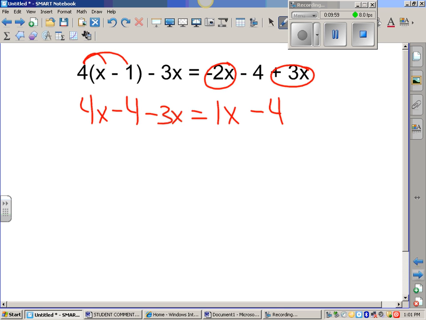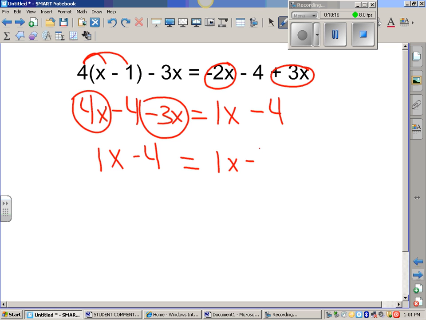And then you're going to combine like terms on the left. And you're going to get 1x again. And then equals 1x negative 4 again. Now you're going to add the 4.